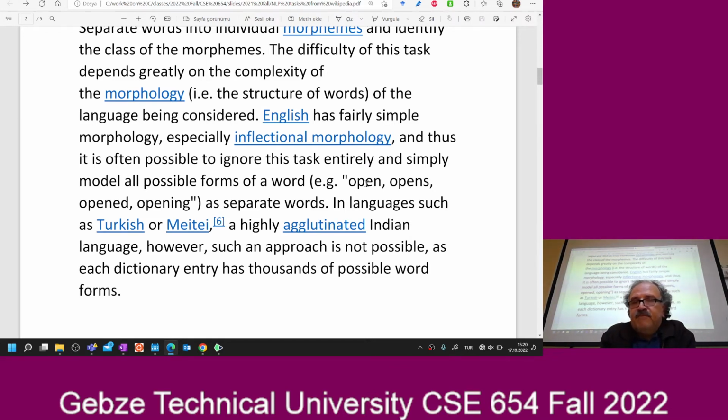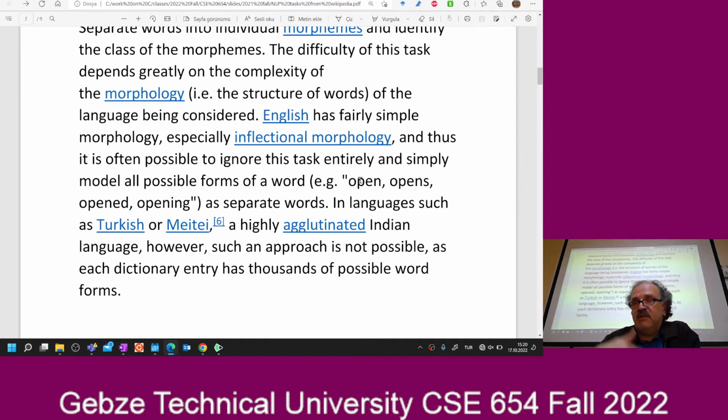But in Turkish, when you talk about açmak, open, there are many inflectional forms of it. You cannot represent that word by a few extra words like this. That's why it is very difficult to assign word vectors to Turkish words, because there is not a single open or opens, etc. In English, it is easy: one vector for this one, another for another. But for the Turkish word open, there are 5,000 different forms of it.